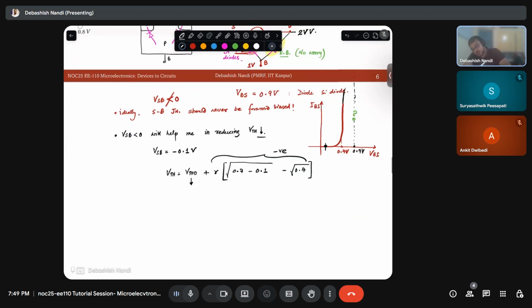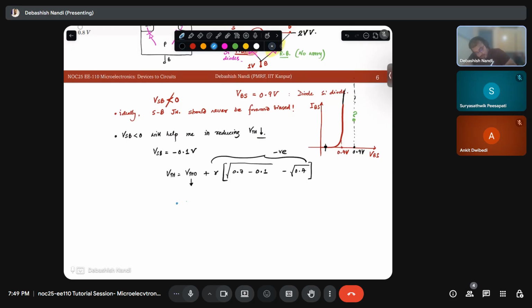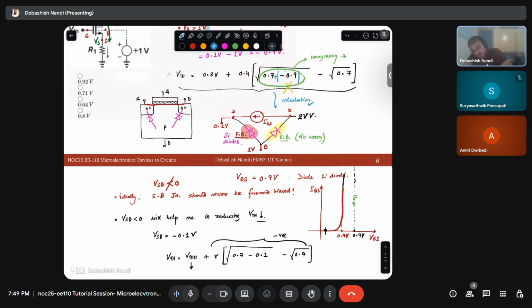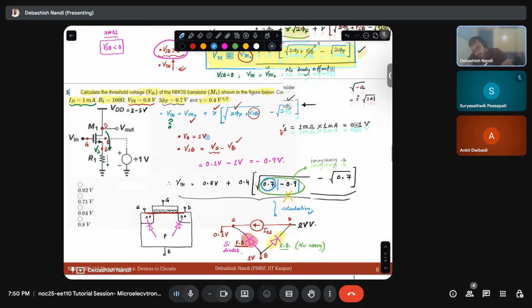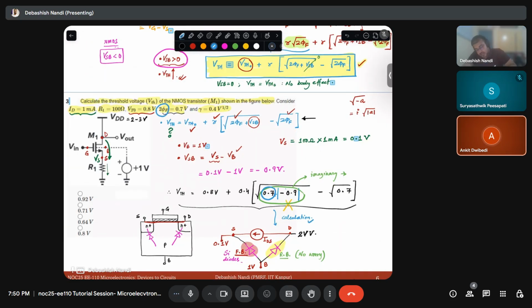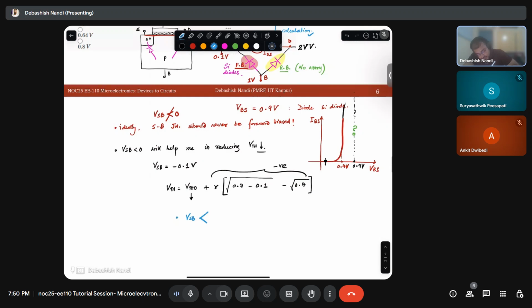So what is the condition I should have? My VSB can never be less than the diode cut-in voltage. It should be around 0.7 volt. That is your 2ΦF, right? Yes, sir. It should never be less than, meaning your VSB is negative in this case, right?